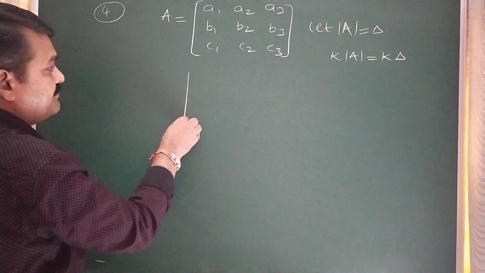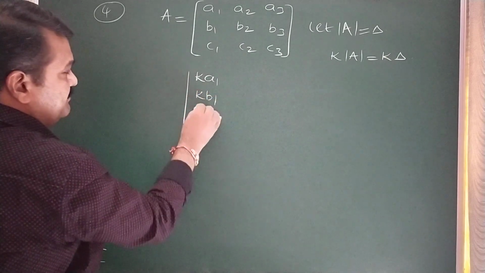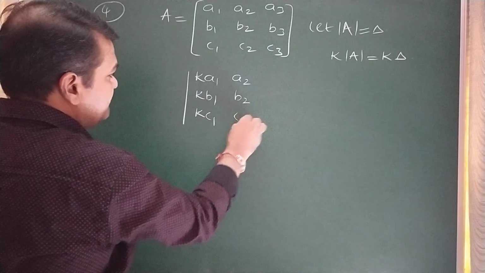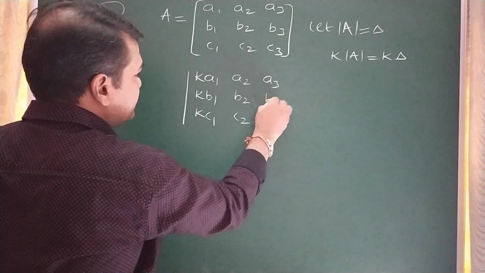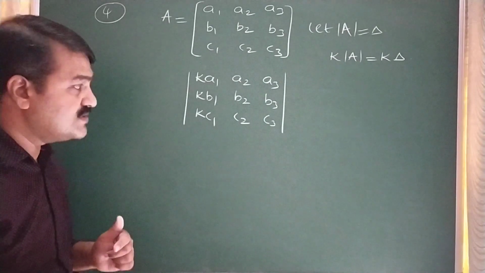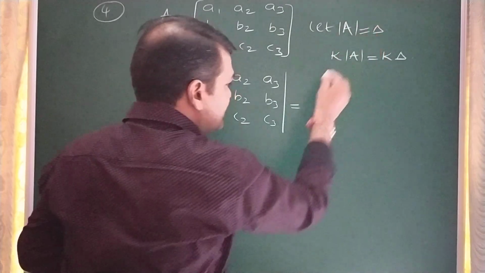I'll show you how. For example, if K is multiplied to first column, you will get like this. Okay, so K is multiplied to first column. Then original determinant is delta, no?